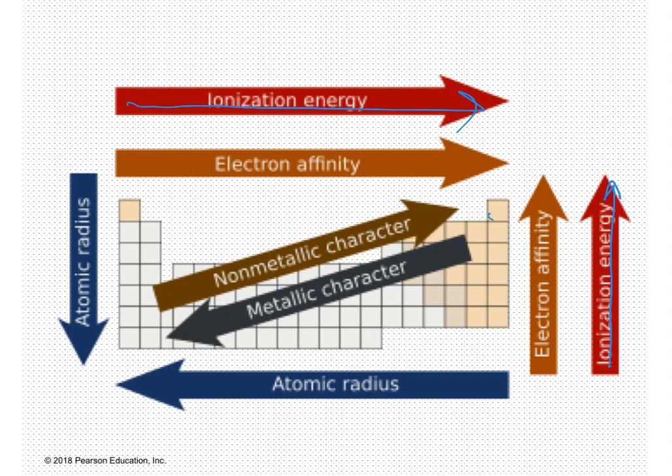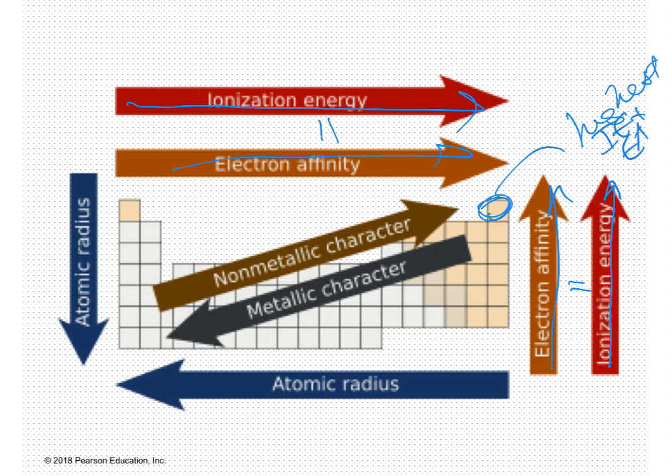So the element with the highest ionization energy is in the upper right. Electron affinity also has its highest in the upper right. I think it'll help you to realize that the trends for electron affinity and ionization energy mimic each other.